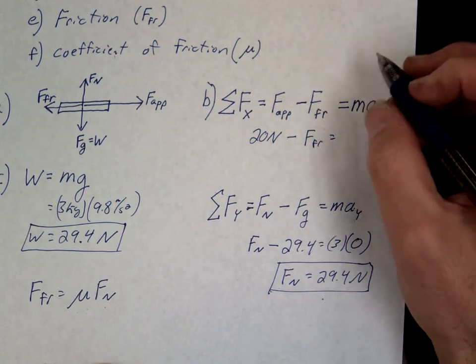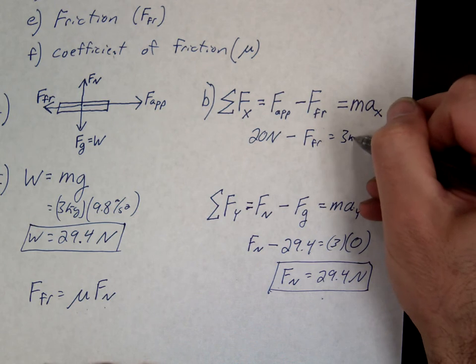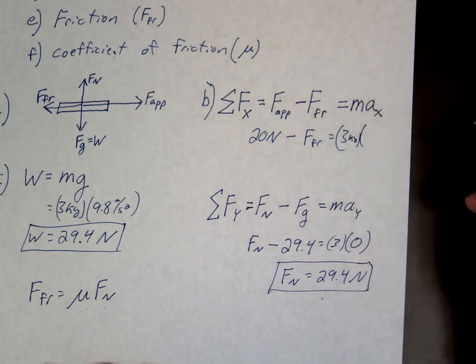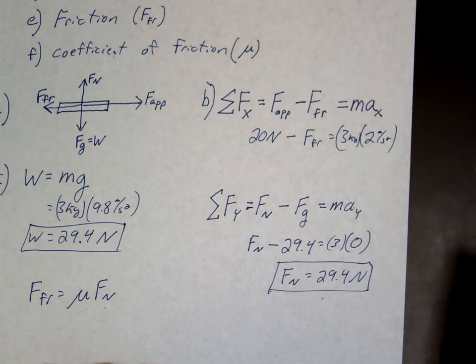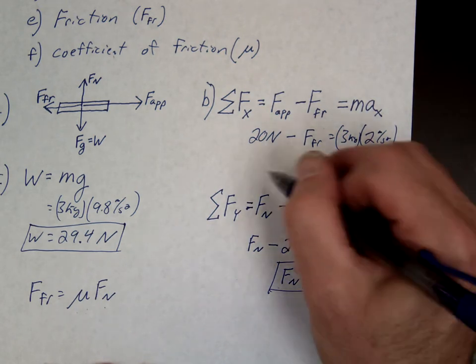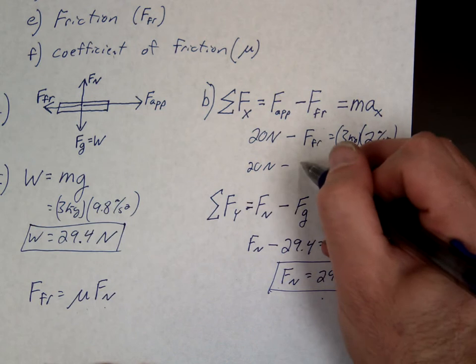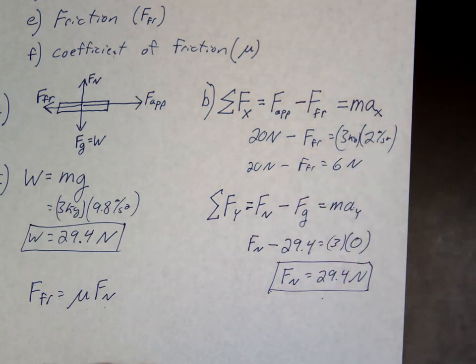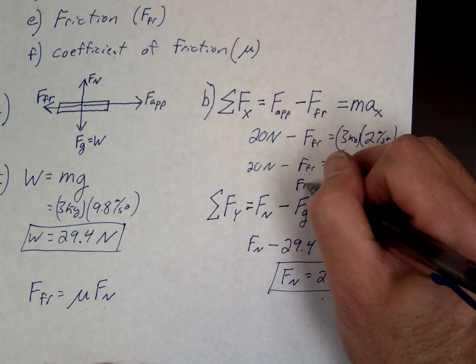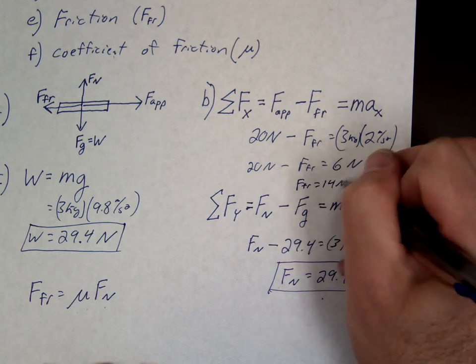The mass was 3. The acceleration was 2. So notice we have 20 newtons minus friction equals 3 times 2 is 6. Okay, easy enough, right? What's friction? 14 newtons.